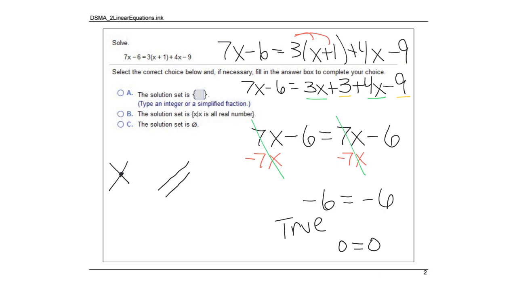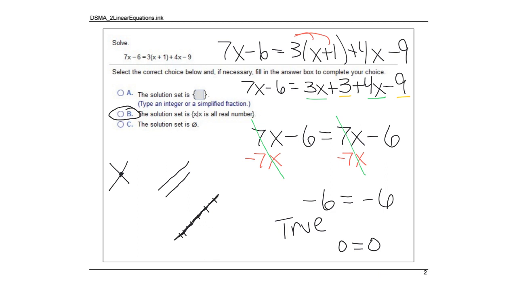Oops, I take that back. That's not this one. That's when they're parallel. This one is we had 7x minus 6 here, and then we had 7x minus 6 right on top, right? And so every single point on this line is an answer. So what we're going to say is that the solution set is all real numbers.